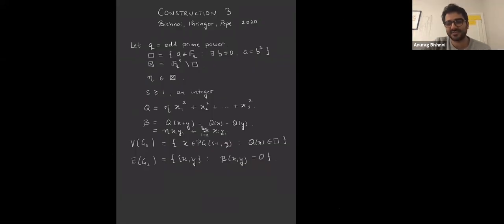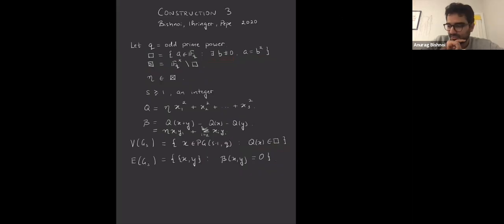Yes, so it's a non-zero square, indeed. That's how I'm defining my squares right now, just so that I don't have to repeat myself again and again. But very good point, we are not taking the singular points. We're only taking non-zero squares.